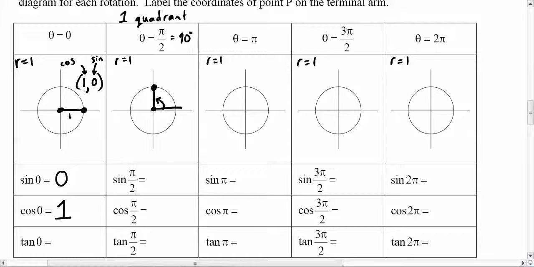Sine of pi over 2 is the x-coordinate at that point. Or, sorry, the y-coordinate. So do you know what the y-coordinate is? I'm up 1 and over 0. So my y gives me my sine value. Sine of 90 is 1. Or sine of pi over 2. So that's the same as sine of 90 degrees. Cosine of 90 is 0.